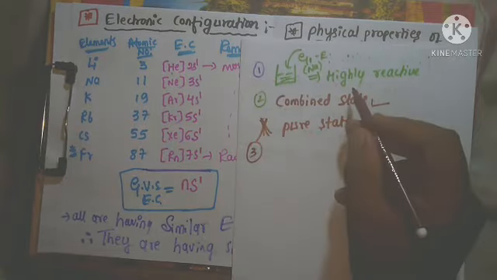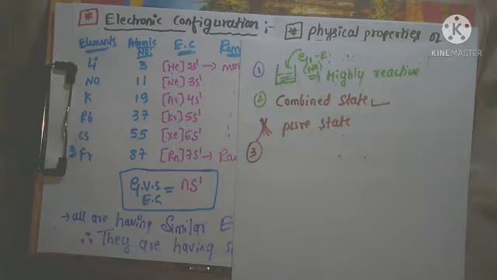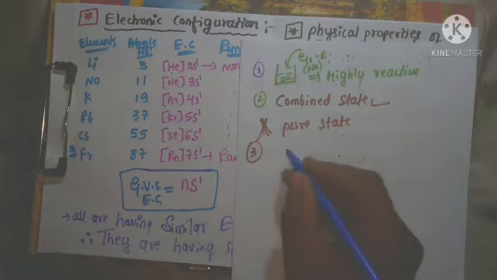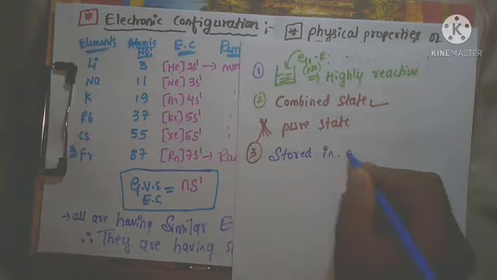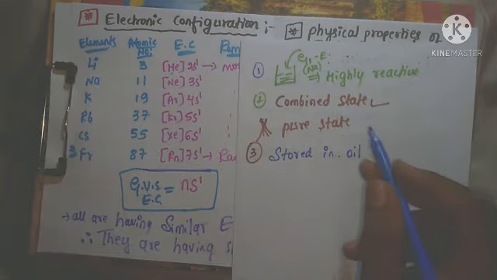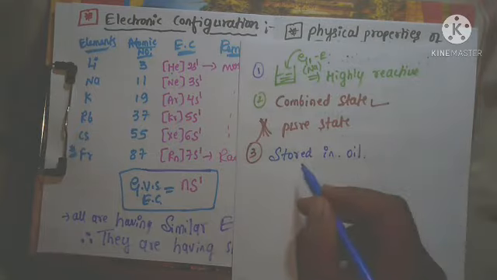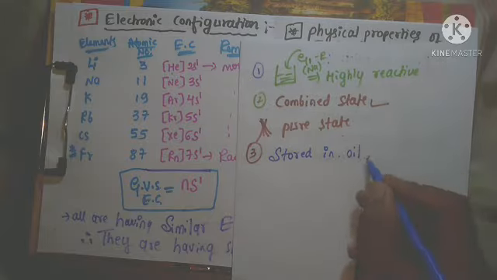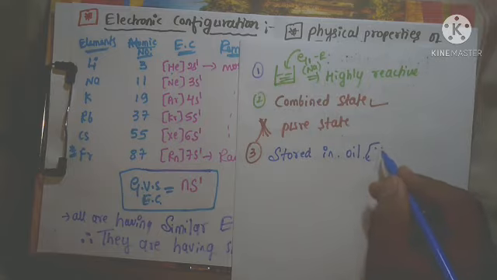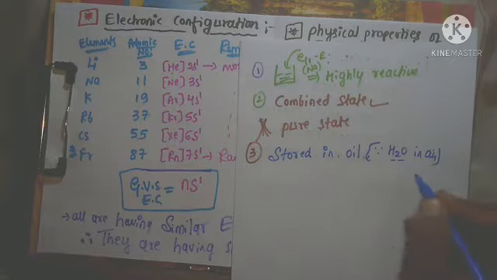Now because group 1 elements are highly reactive, they should be stored in the oil. To reduce the reactivity, they should be stored in the oil, because when they come in contact with the moisture or water in the air, again they start reacting.